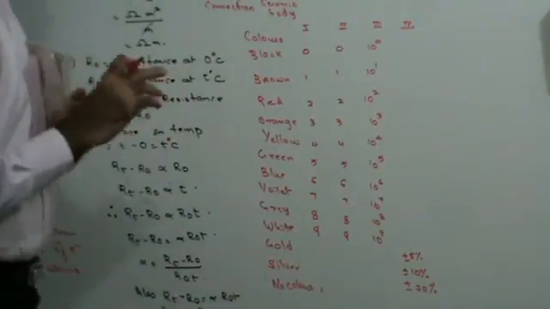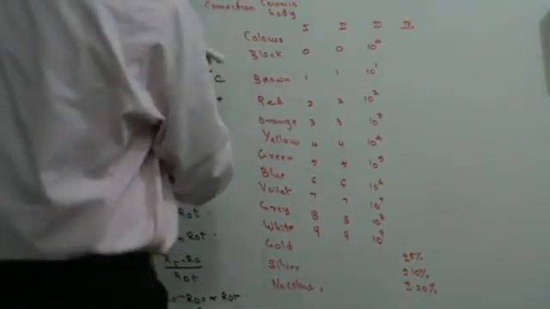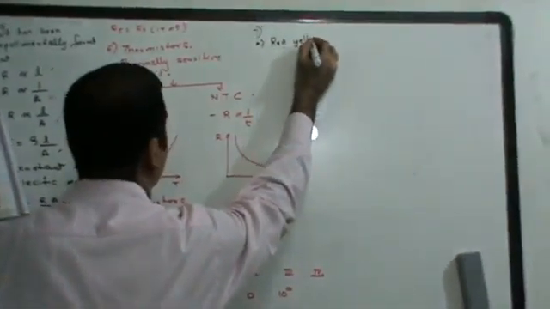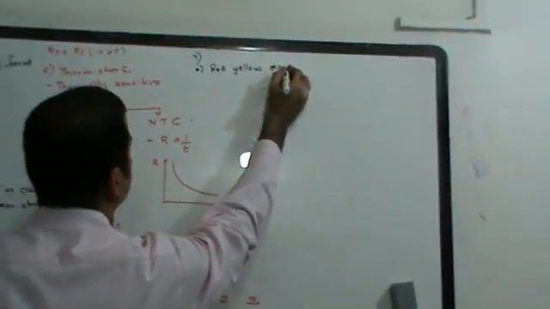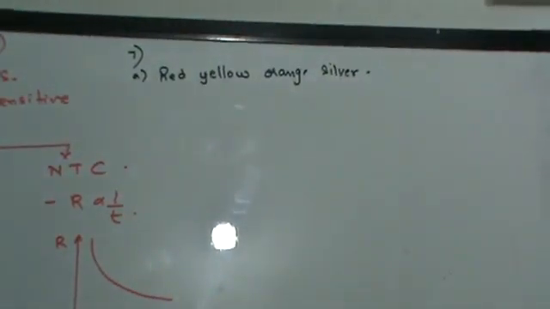Now, how do I use this? Suppose they tell me to find the resistance for the color code red, yellow, orange and silver. Red, from the table we know, is 2, yellow is 4.